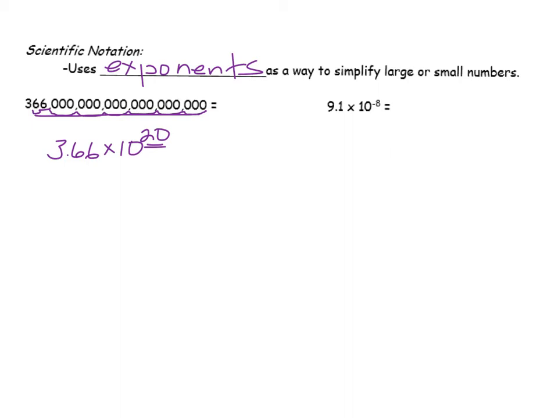Versus the next example, if it's already in scientific notation, 9.1 times 10 to the negative 8. If you have a negative exponent, that means your number is small. We're going to move 8 places to the left. So move 8 places to the left, which means if you move it over once, you're going to have to put 7 zeros in front of that 9 and the 1.